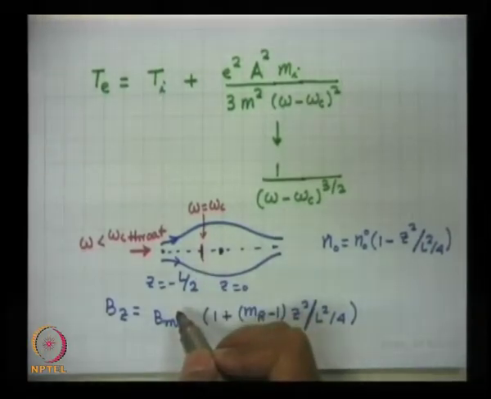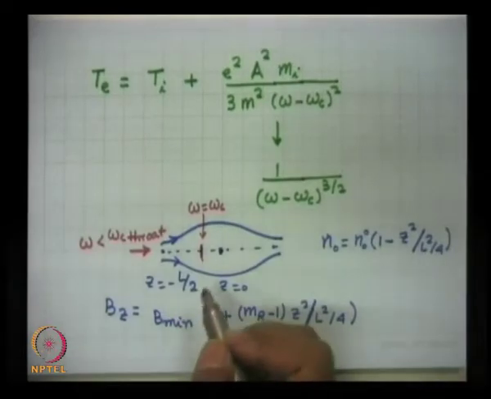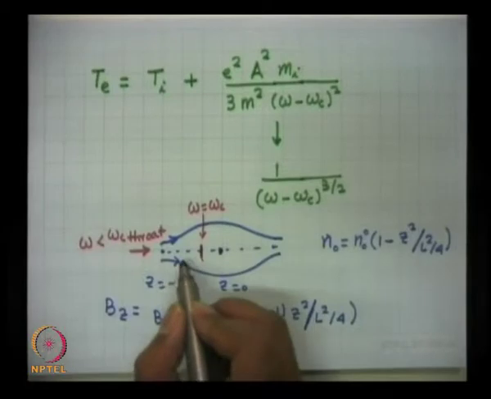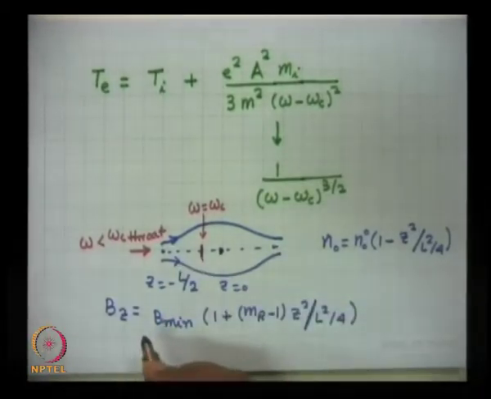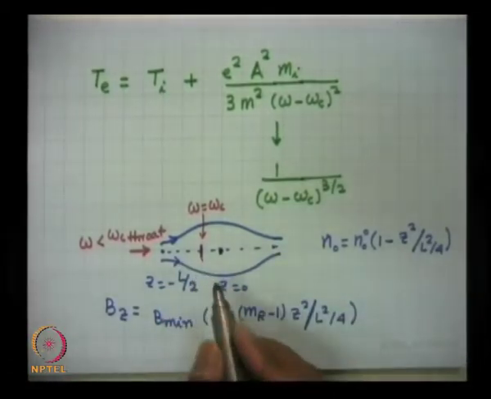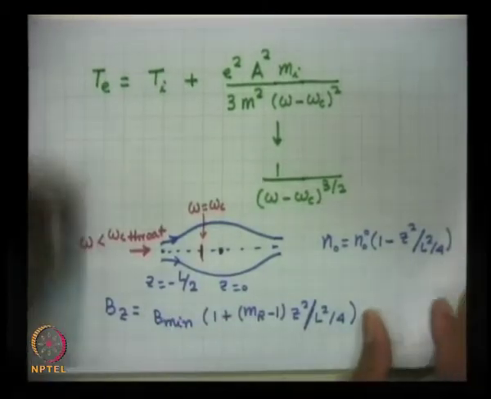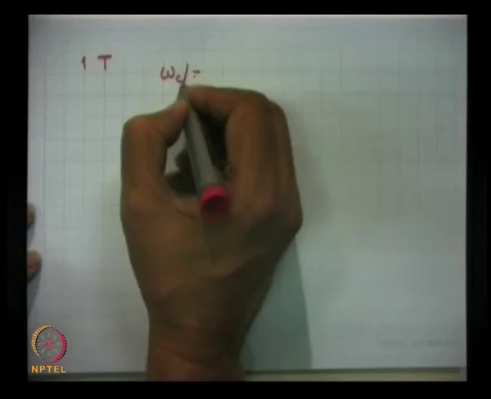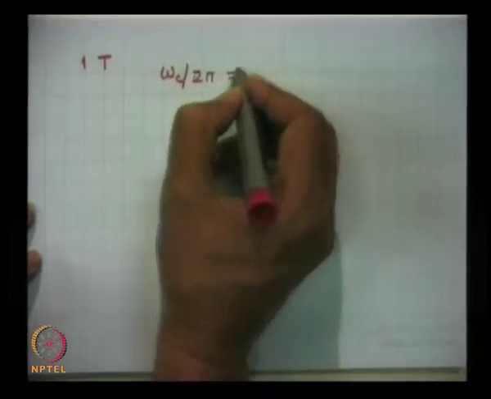So, the problem of wave propagation along the magnetic field lines is relevant to heating of a mirror machine, and please note that at 1 Tesla magnetic field, omega c upon 2 pi is 30 gigahertz.